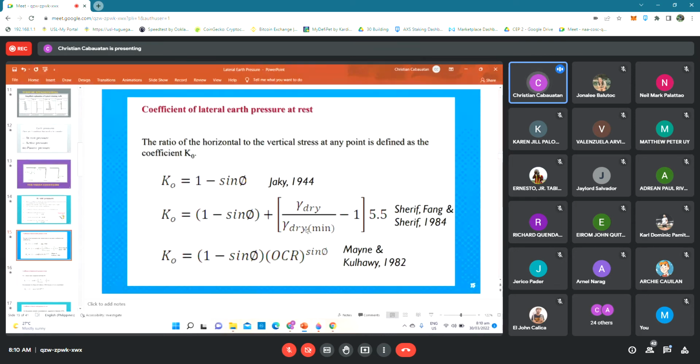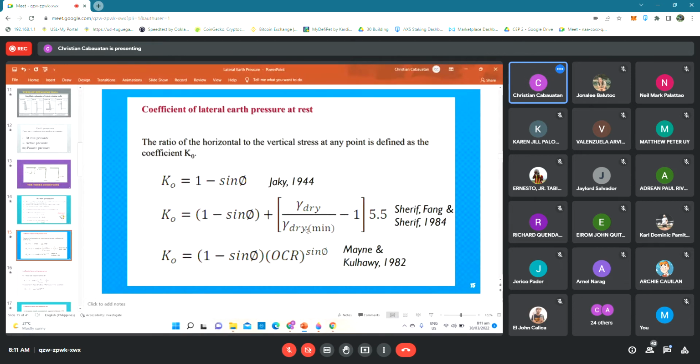So, the coefficients of lateral earth pressure at rest: earlier we discussed 1 minus sine phi, which was introduced by Jaky in 1944. But there is an additional thing from Sherif, Fang and Sherif in 1984, wherein they add to the Jaky formula the value of gamma dry divided by gamma dry minimum, minus 1.